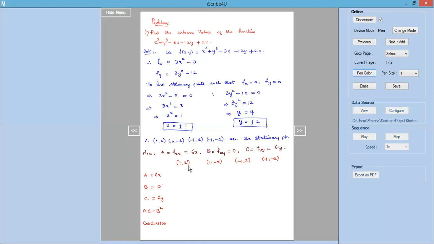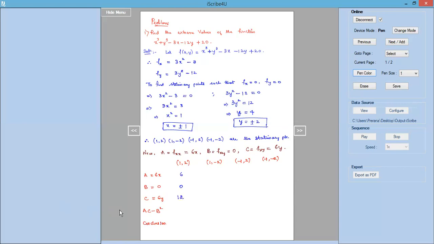So x is equal to 1, y is equal to 2, you have to substitute. So when x is 1, 6 into x gives us A value, A is equal to 6. And B is 0 for all of these critical points. Then we have 6 into y. Y value is 2, so 6 into 2, which is 12.